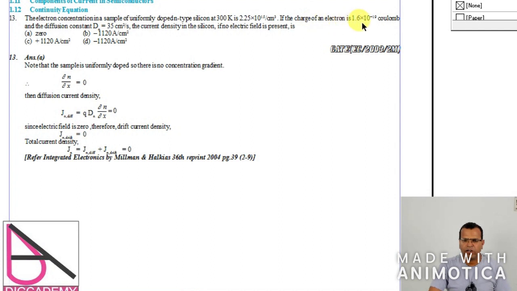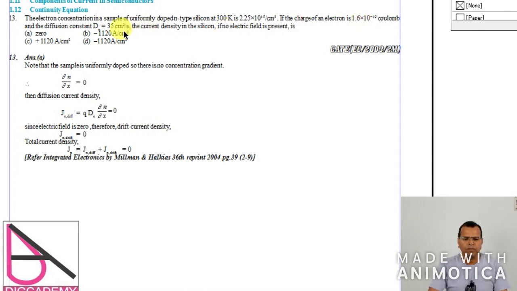If the charge of an electron is 1.6 into 10 to the power minus 19 coulomb and the diffusion constant Dn is equal to 35 centimeter square per second, the current density in the silicon if no electric field is present is. You have to find the current density. So you are given the electron concentration, the diffusion constant and the charge of the electron.